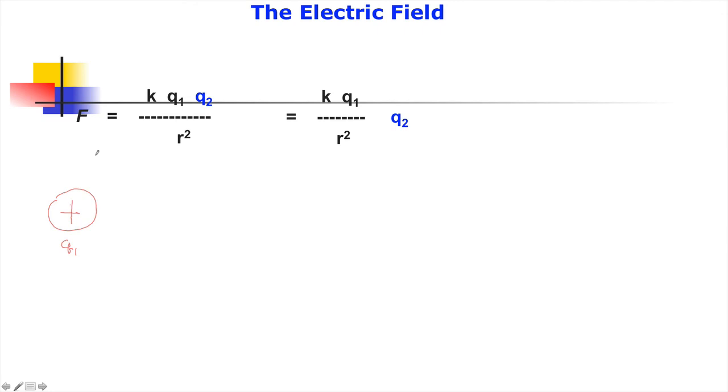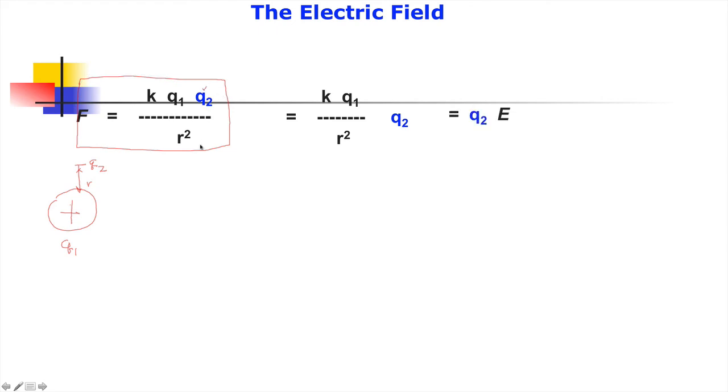And then let's have a test charge. That test charge is Q2, and the distance between them is R. Therefore, the electrostatic force between the two will be like this. The blue color represents the test charge.